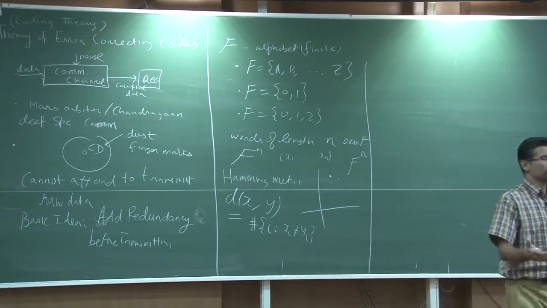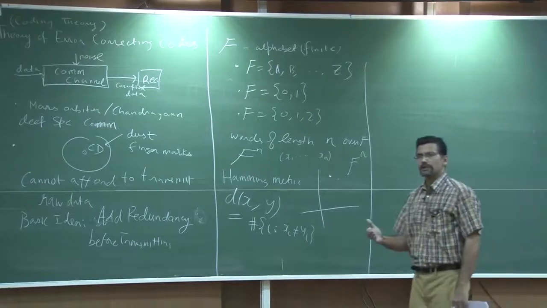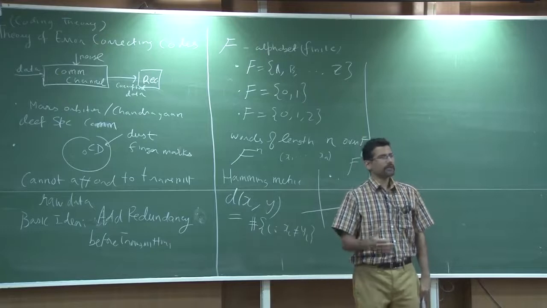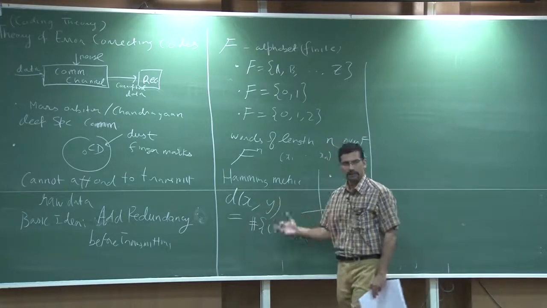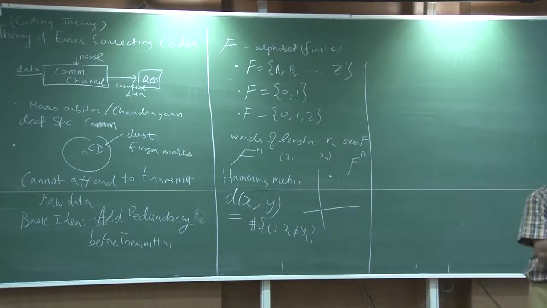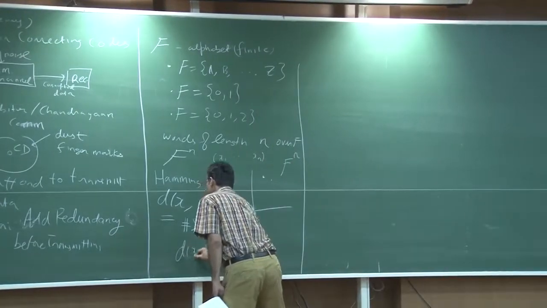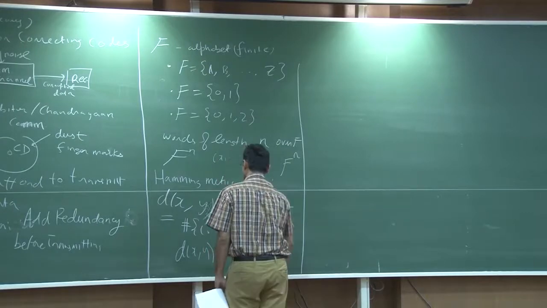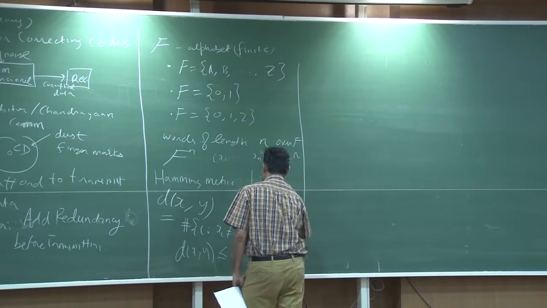Some of you may have seen that a metric needs to satisfy some properties. It should be greater than or equal to 0, and in fact it should be equal to 0 only if x is equal to y. That is the case here. But the most important property which makes a metric useful is the so-called triangle inequality: d(x,y) is less than or equal to d(x,z) plus d(z,y).